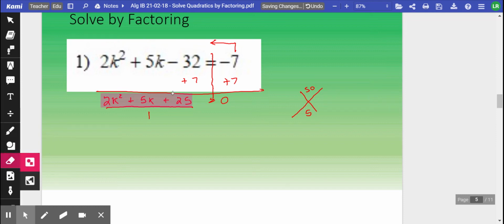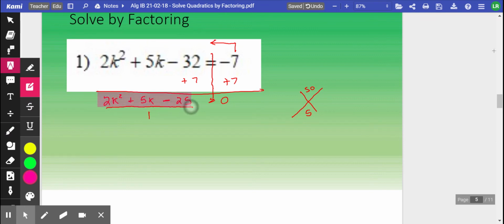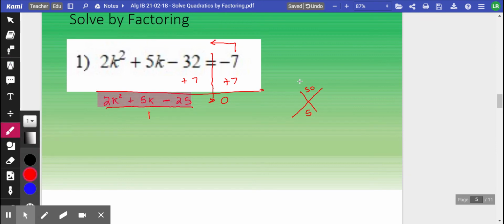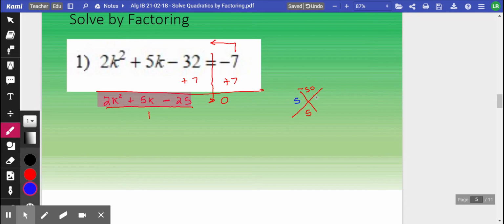Excuse me, I have a little mistake here. I apologize. -32 plus 7, that is -25. I apologize for that. So they multiply to be -50 and add up to be 5. And my magic numbers are going to be 5, -5, and +10.